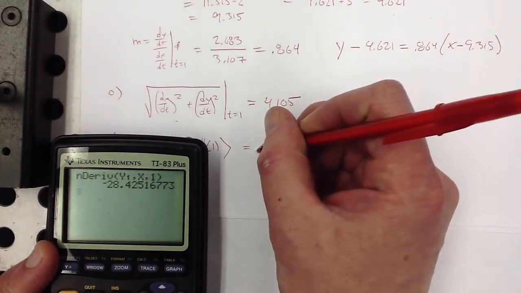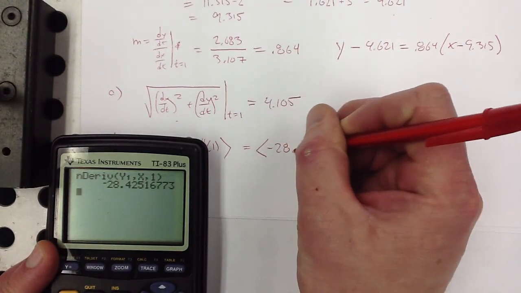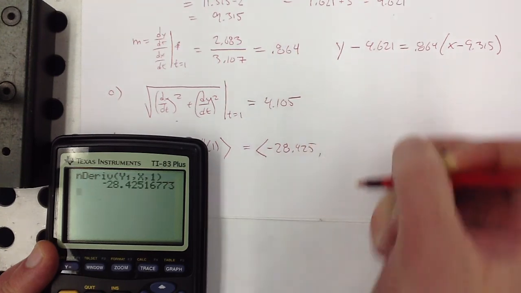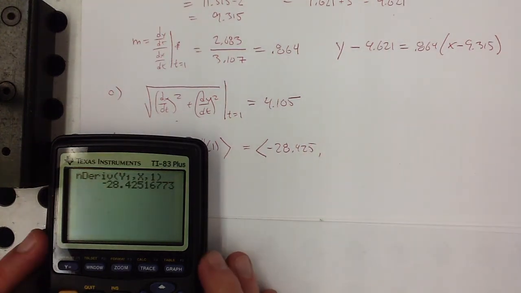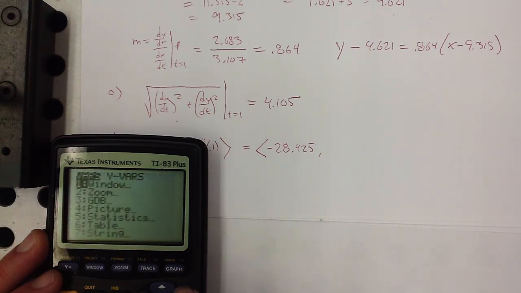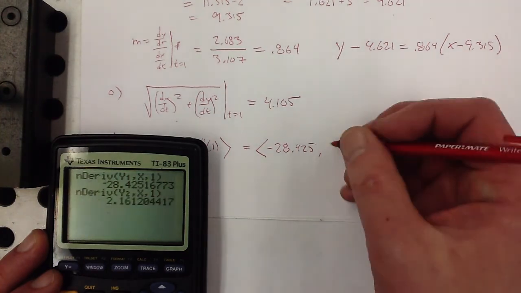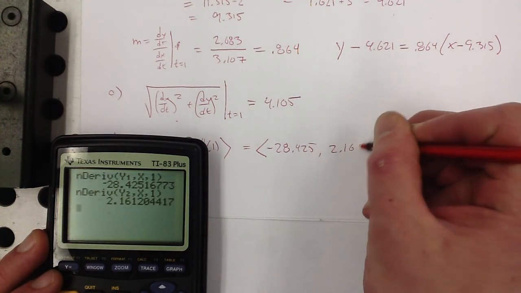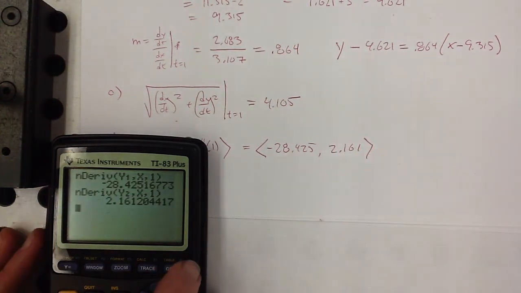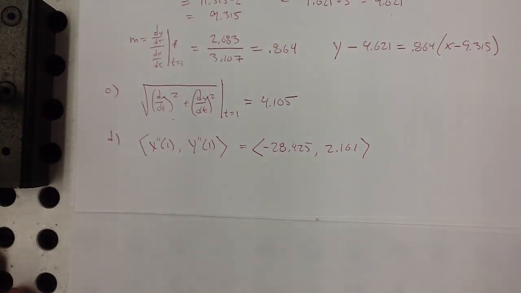That's negative 28.425, comma, the same thing but at y2. All right. That was fun. Not.